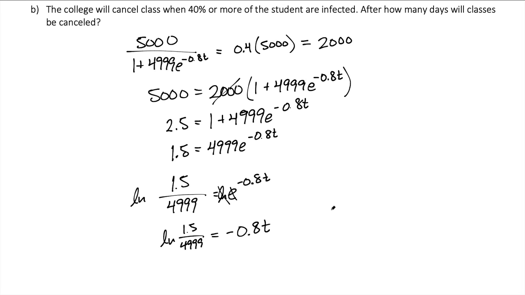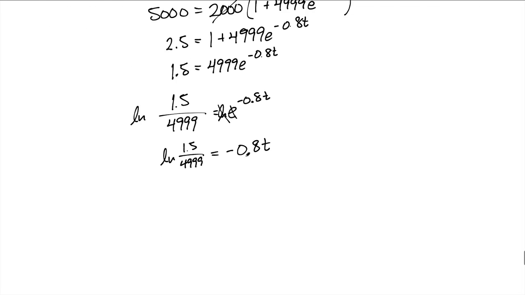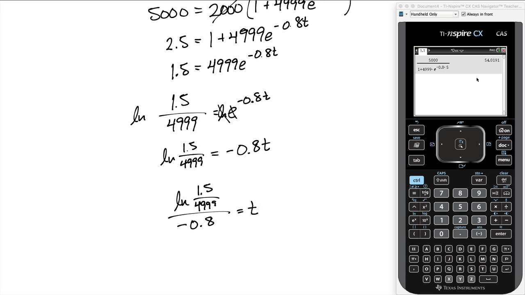And finally, to solve for t, we can divide by negative 0.8. So we have the natural log of 1.5 over 4,999, all over negative 0.8. And that will be my t.